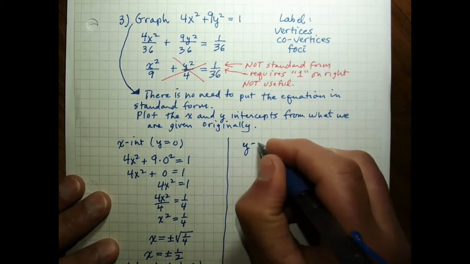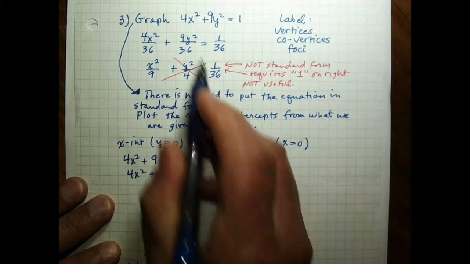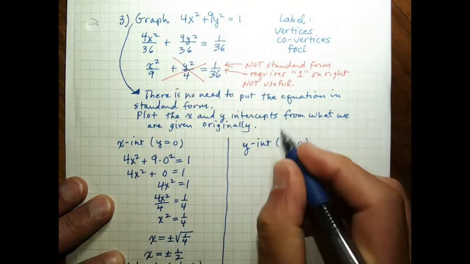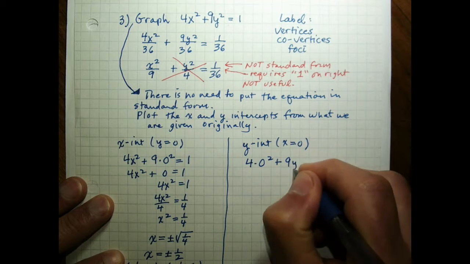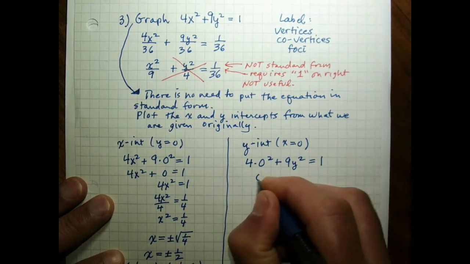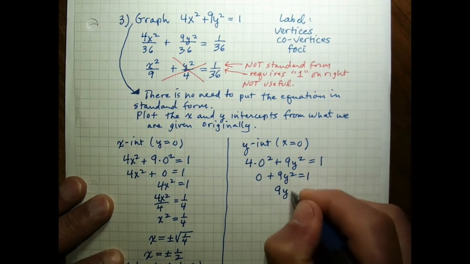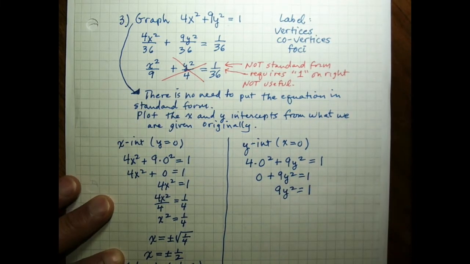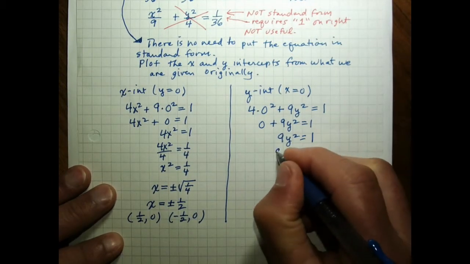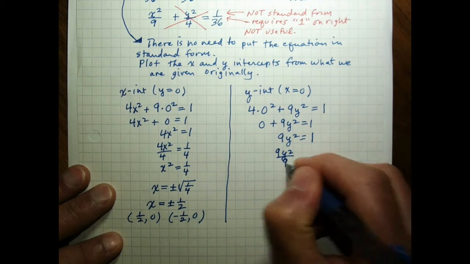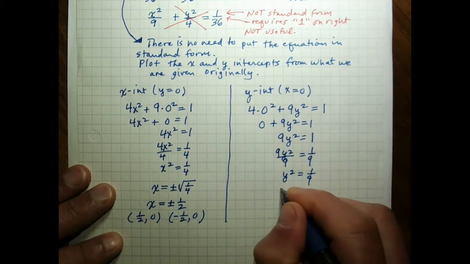Let's also find the y-intercepts, and that'll be very similar. Again, I'm going to go back to the original equation and set x equal to 0 now. 4 times 0 squared plus 9y squared equals 1. So 0 plus 9y squared equals 1. I don't want to take square roots until I isolate y squared, so I divide both sides by 9 to get y squared equals 1/9.